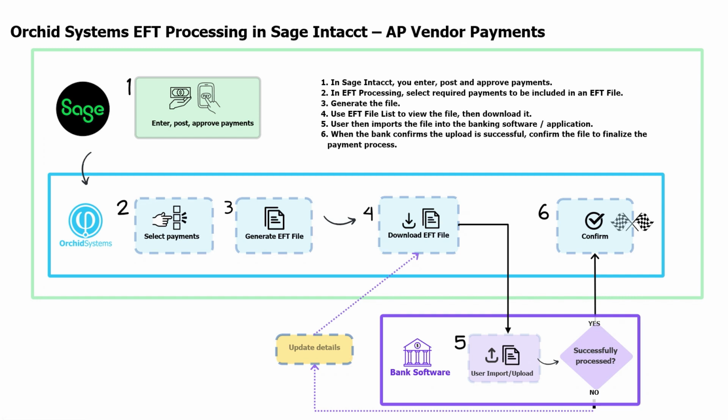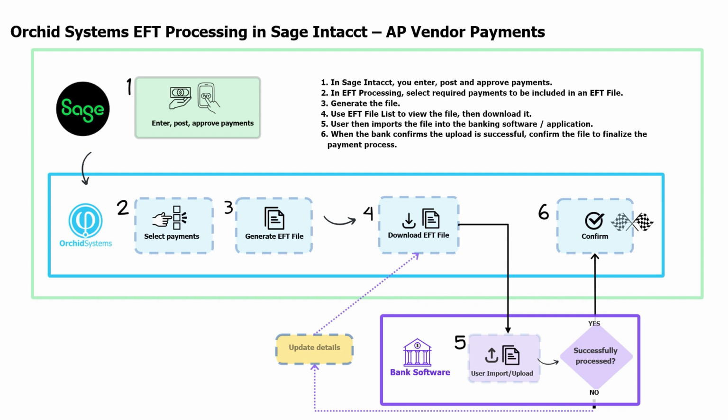Thanks, Anne. We're now going to look at using EFT Processing to generate files for AP vendor payments. So in Sage Intacct, you would enter, post and approve the payments for the vendors.